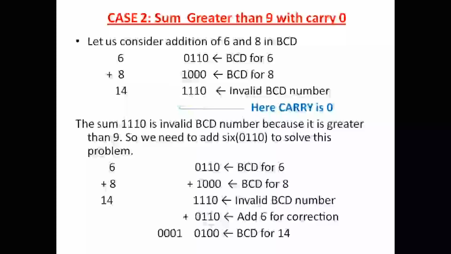Now, start the addition from the left side. 0 plus 0 is 0. 1 plus 1 is 0, carry 1. Next, 1 plus 1 plus 1 gives a 1, again a carry 1. So 1 plus 0 plus carry 1 is 1. 1 plus 1 is 0, carry 1.